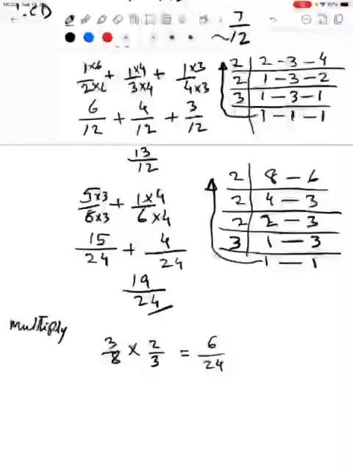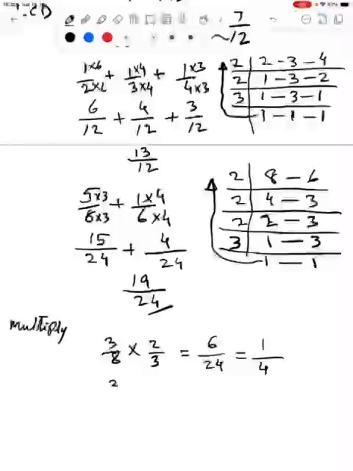And you can simplify this fraction by lowering the ratio. 6 can be divided with 6 and 24 can be divided with 6. So if I divide with 6, it will become 1 over 4.